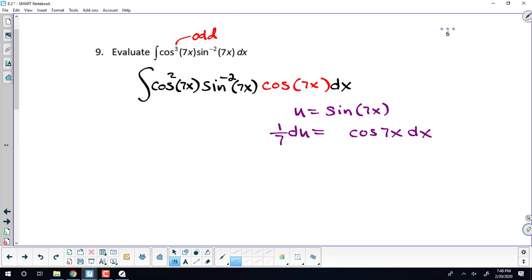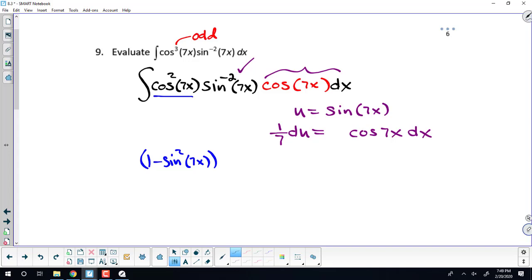So we have a means to account for the sine to the -2. That's just u to the -2. We've got this right here. That's going to be our 1/7 du. What about the cosine squared of 7x? It's 1 minus sine squared. We're just going to use the Pythagorean identity for this one here. Okay. So that's our cosine squared.